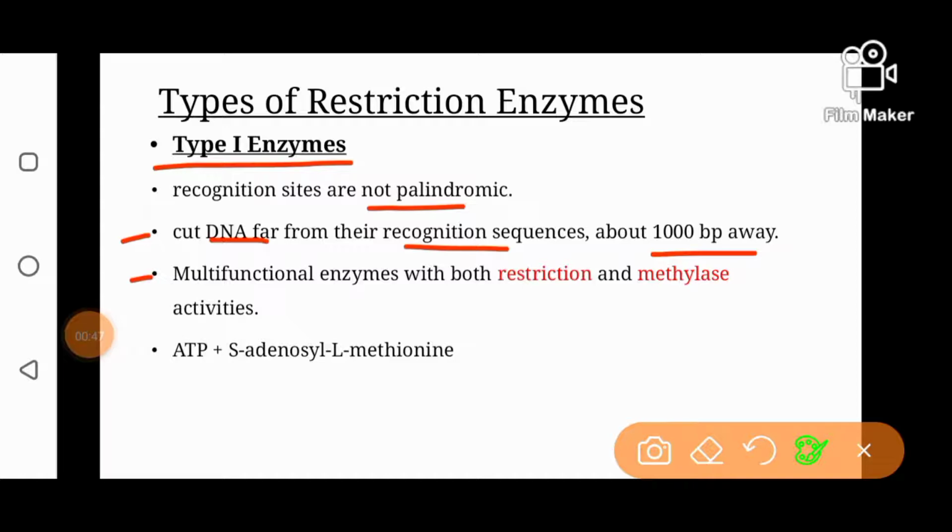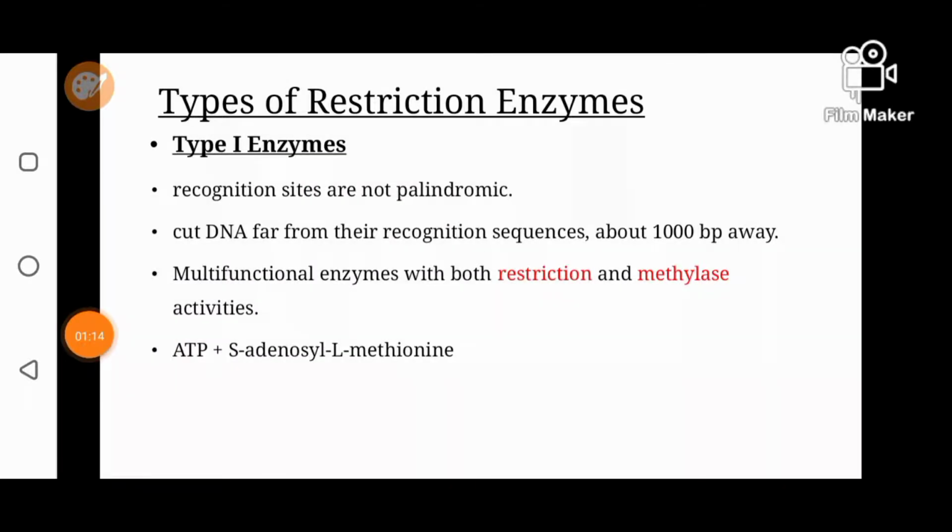These enzymes are multifunctional. They have both restriction and methylase activities. That is, they can restrict or cut DNA as well as methylate DNA strands. That is, they can add a methyl group to DNA. These enzymes need both ATP and S-adenosyl L-methionine to function properly.